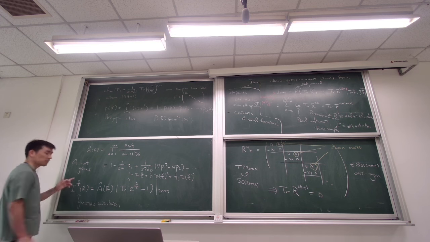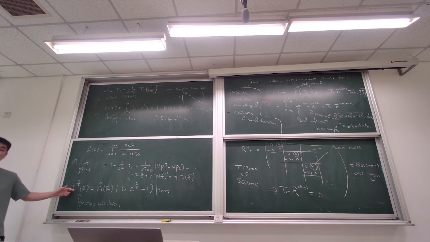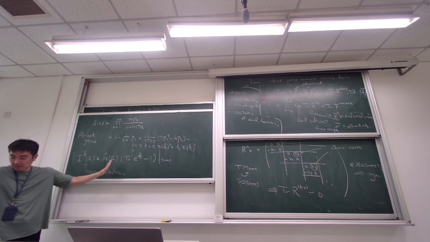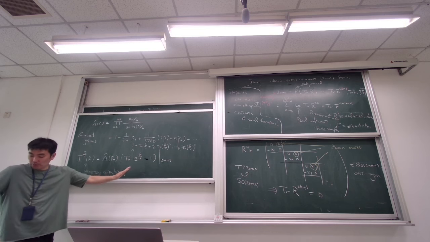The 3 over 2 is the spin 3 halves. So essentially you take the information only from the 2n plus 2 form.